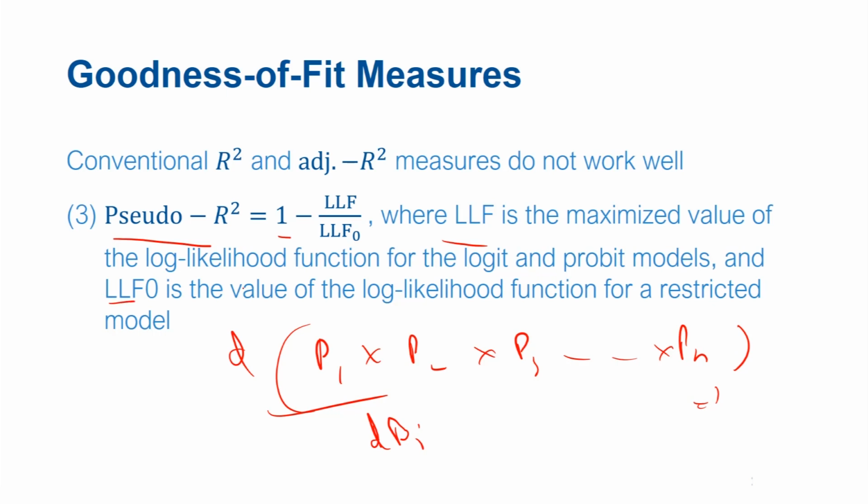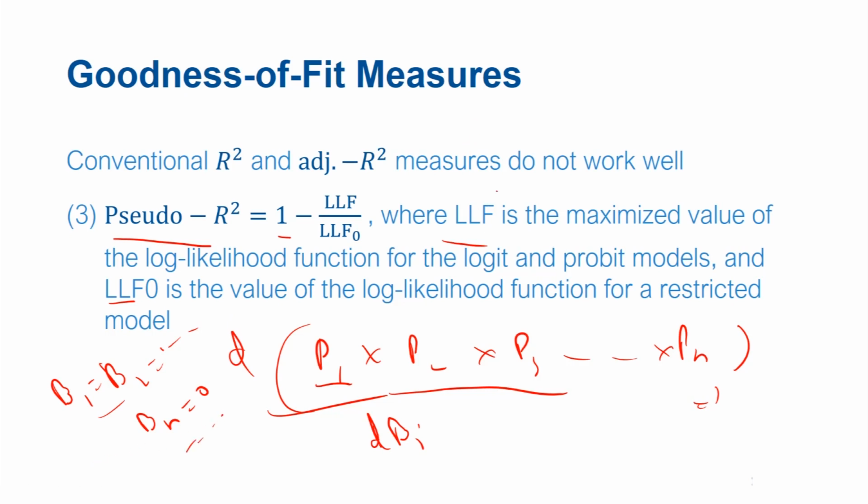So this is the joint probability maximization for the Logit and Probit class of models. And LLF naught is considered to be the restricted model, where it is assumed that all parameters are irrelevant, that means beta 2, beta 3, and jointly all these parameters are 0. So the restricted function calculates this joint probability for a model where all the parameters are assumed to be 0. So that is your restricted model.